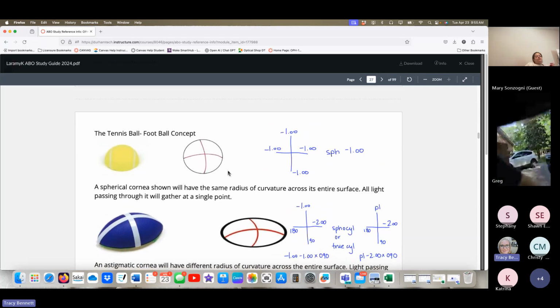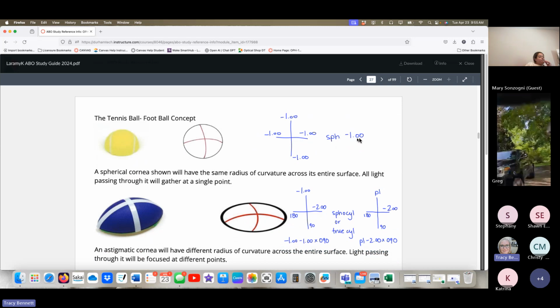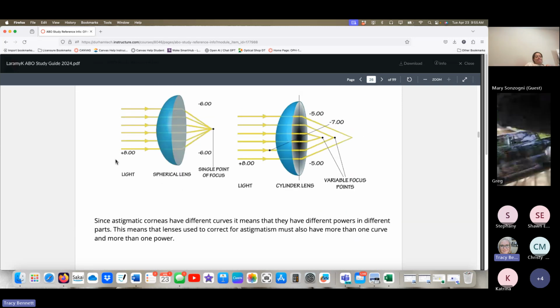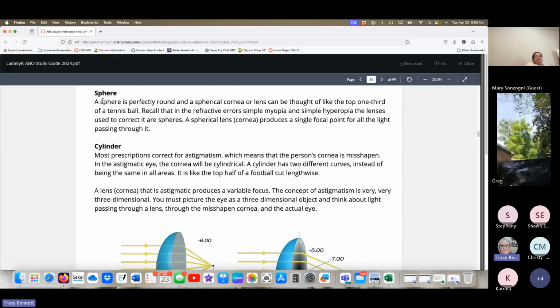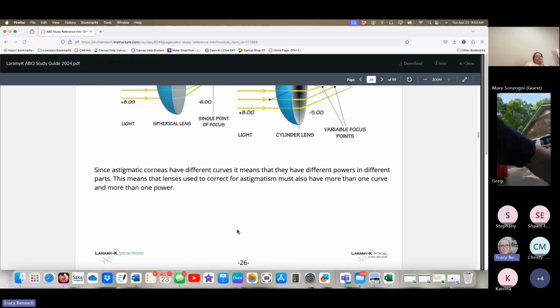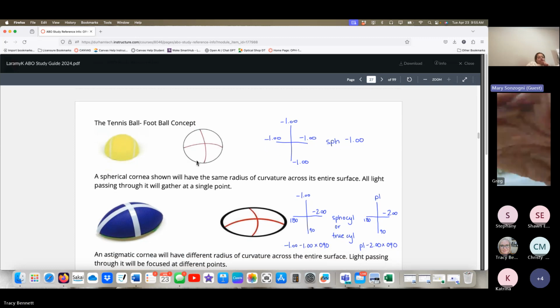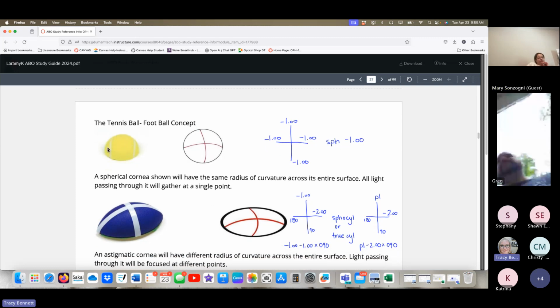With these, I drew out a simple sphere, or spherical power, up here, sphere versus a cylinder. A sphere is cut from a tennis ball, versus astigmatism or a cylinder lens, which is cut from a football.